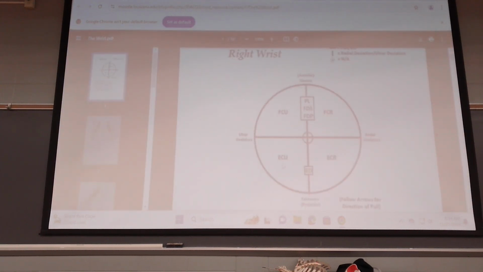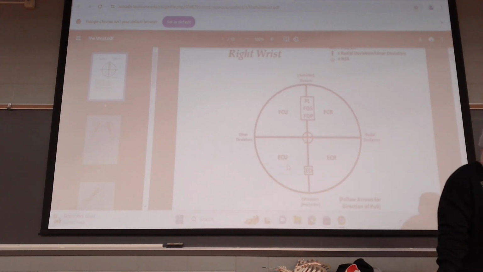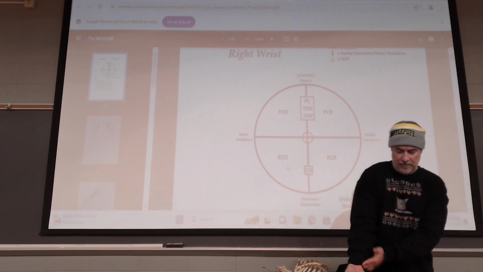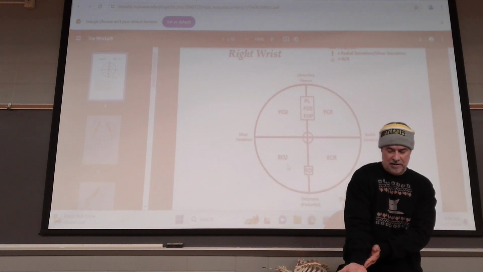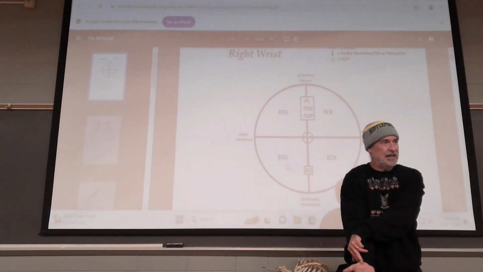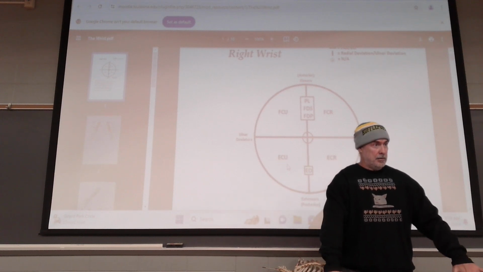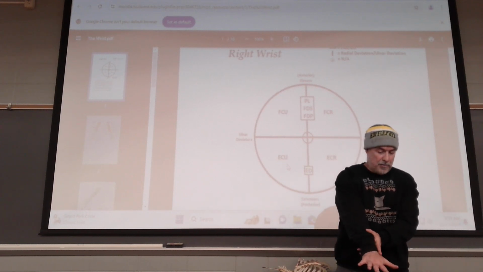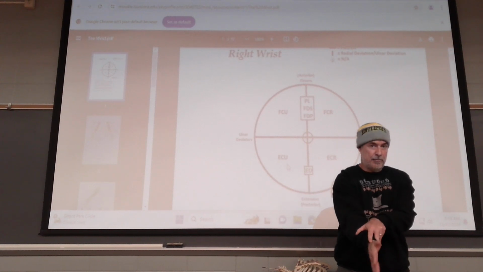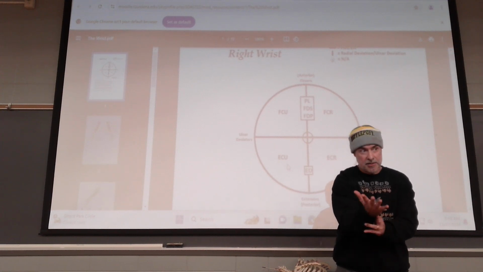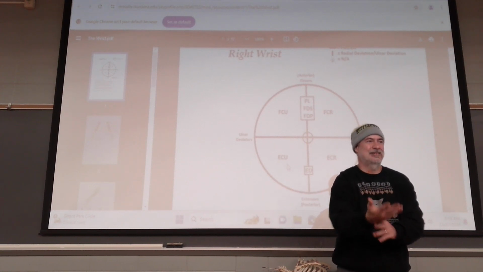Your ulnar deviators are going to be medial because in anatomical position, your pinky is medial. So your ulnar deviators are going to be these. And your radial deviators are going to be lateral. Now, if I pronate, well, now these are my radial deviators because they're still thumb side, right? So the thumb side muscles are going to stay thumb side, and the pinky side muscles are going to stay pinky side.